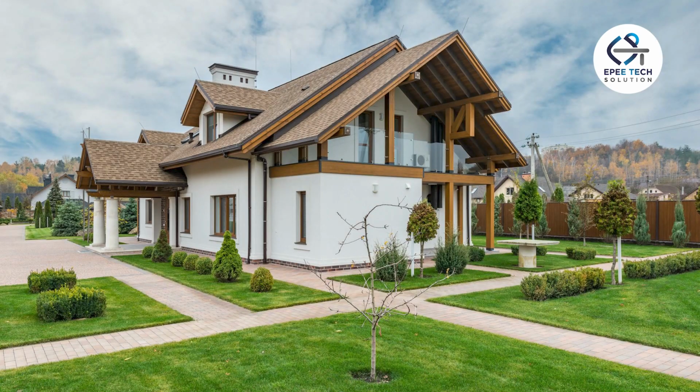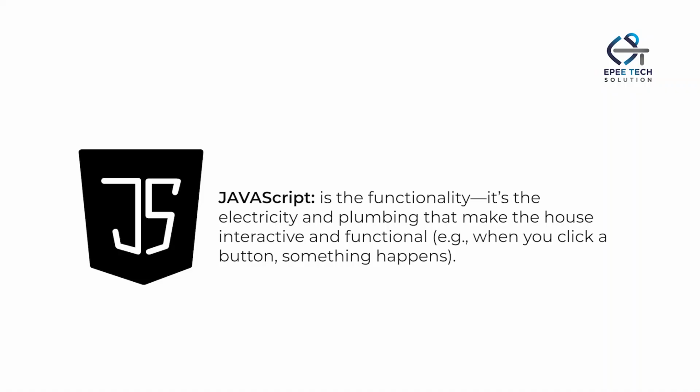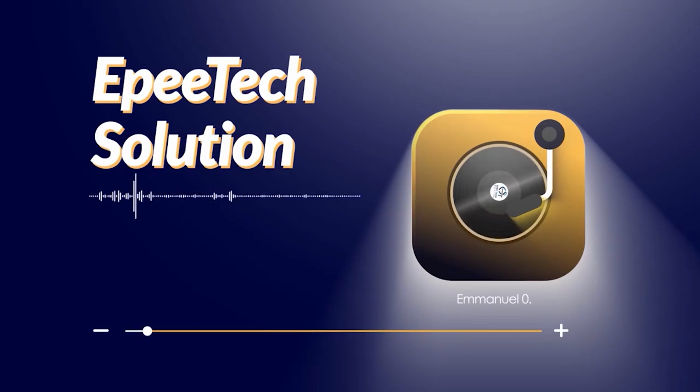You want to paint it, you want to furnish it, you want to style your building to look nice. That is the work of CSS. While JavaScript is the functionality. So these three things make up the website or your web page to look professional, to look standard, right? So these are the three things we'll be putting together to achieve our web page.